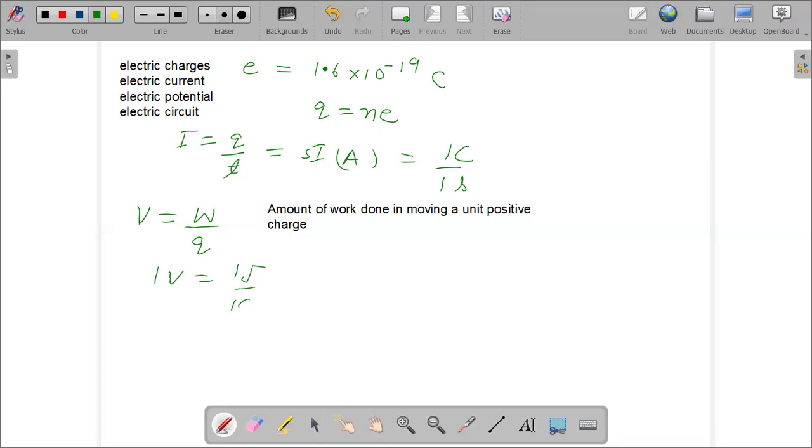If 1 joule of work is done in moving a charge of 1 coulomb from one point to another, then the electric potential is 1 volt.